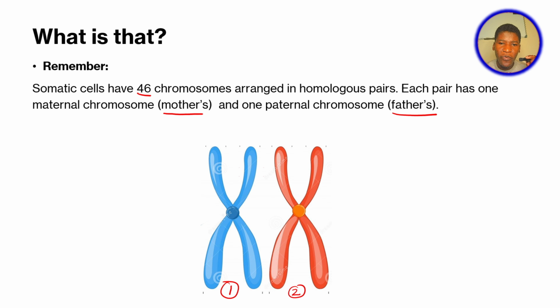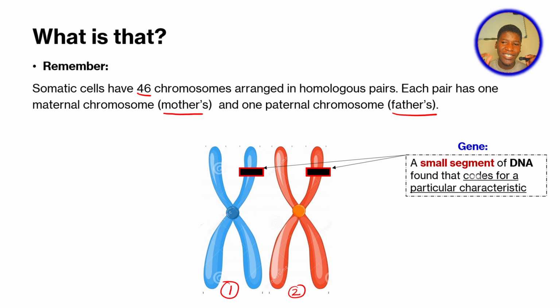Now we can cut a small section on the chromosome of the mother, and also a small section on the chromosome of the father. If we cut a small section from a chromosome, we're actually cutting a small section of DNA. It is known as a what? A gene. Genes are just small sections of DNA found on a chromosome, and each codes for a particular characteristic.